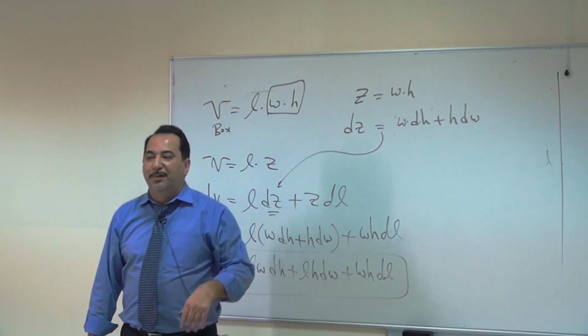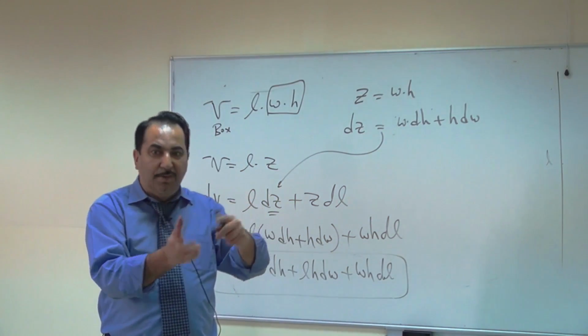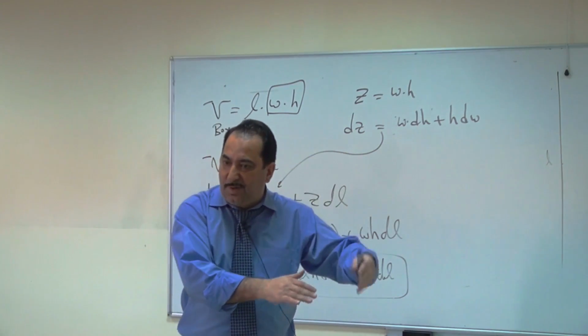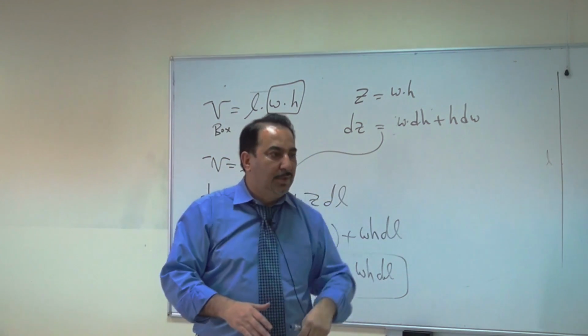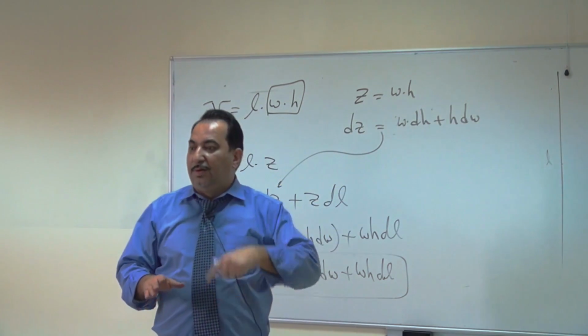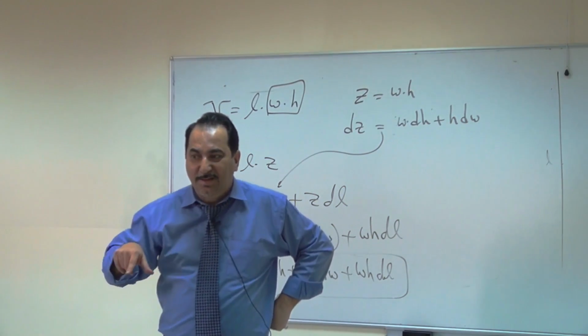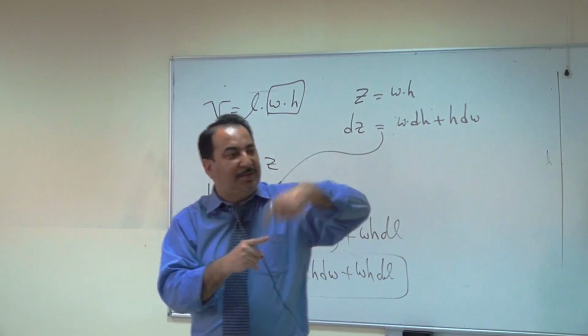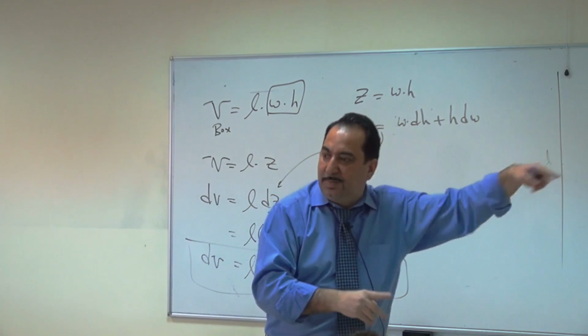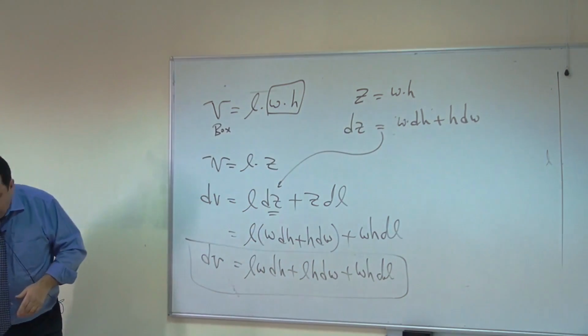So if you have 4, fix 3, derive 1. Fix another 3, derive 1. Fix another 3, and you have 4 terms. If you have 50 variables, you'll have 50 terms. So fix 49, derive 1. Fix another 49, derive 1, but you'll have 50 terms. So this is how you do it. Now, another one.